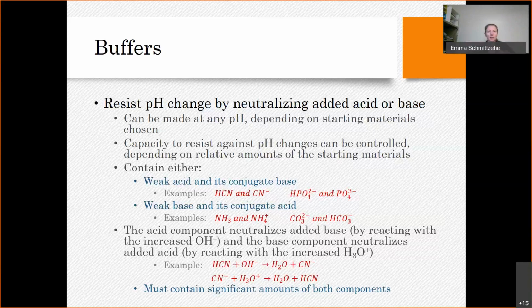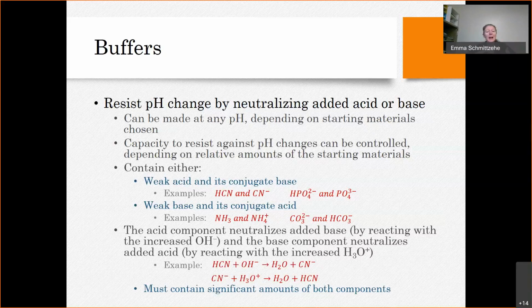Because if they did, they would just reform each other, okay? And so all they'd be doing is exchanging a proton and reforming what you already had, okay? So that's the trick with a buffer, is you create a solution that has an acid and it has a base, but they aren't capable of neutralizing one another. But they can neutralize other added acids and bases, okay?